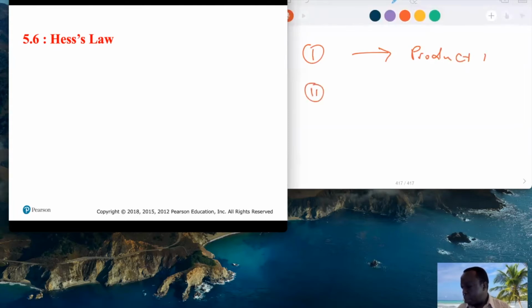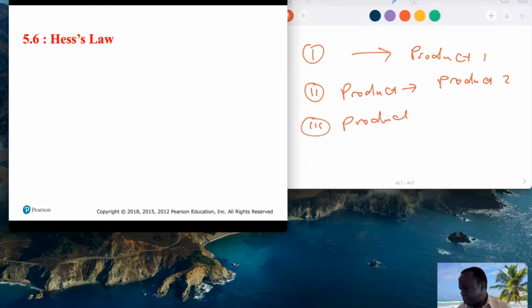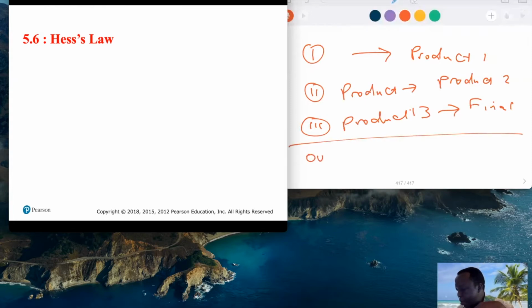In equation 2, we have product 1 being used to form product 2, and then in equation 3, we have product 3 going to the final product in this case. These multiple steps are sometimes used to find the overall reaction or equation.